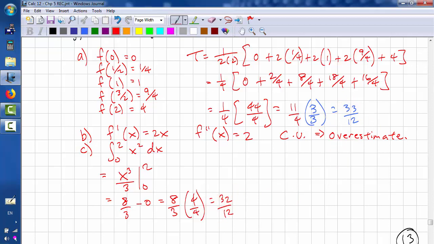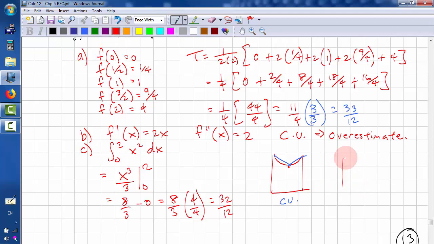Why is that the case? Well, let's look at this. Okay, so if we have a curve like this, and we're doing trapezoid, the trapezoid is an overestimate when it's concave up. Now, this is predicated that we're looking at positive functions. If it's negative functions, it's going to be the other way around.